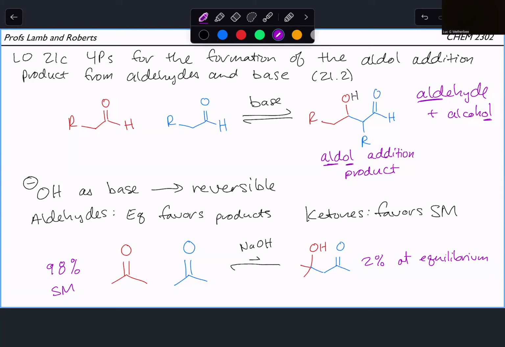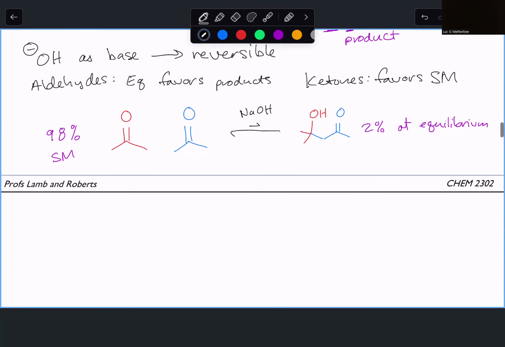All right, so let's go over the mechanism again. It just looks weird, but it's all things that you already know how to do. So this chapter is enolates as nucleophiles. So we are first going to generate our nucleophile. So here's our aldehyde.